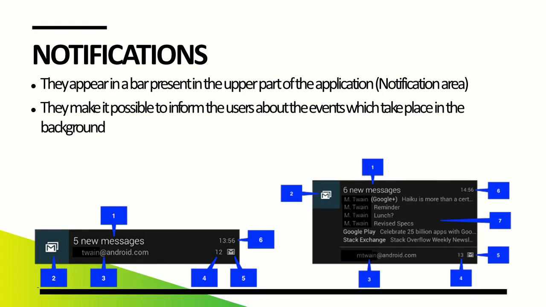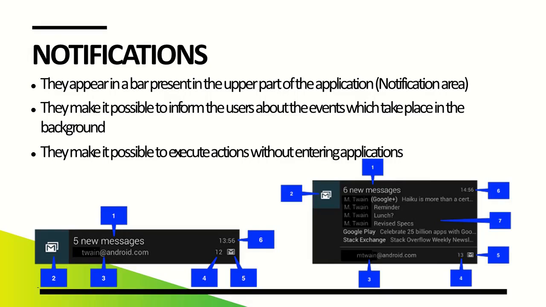The purpose of the notification is to inform the user that a certain event took place while he or she was present in another part of the application or somewhere else entirely. A notification may be started by both services and other types of components, such as activity or broadcast receiver.